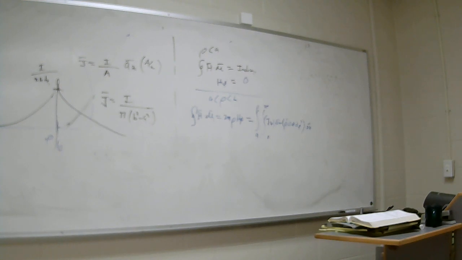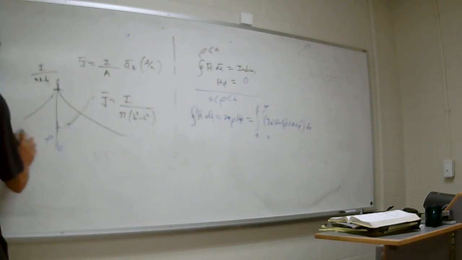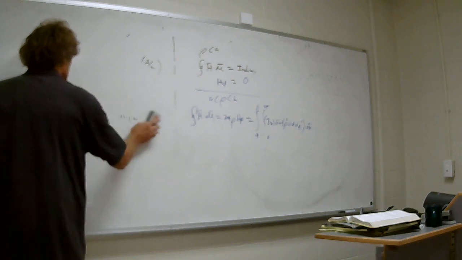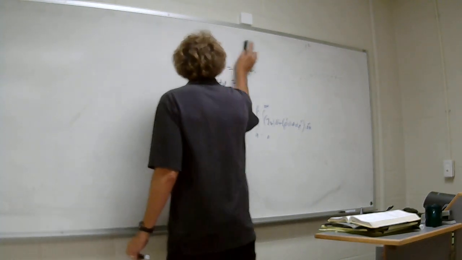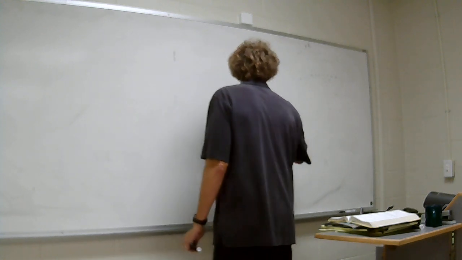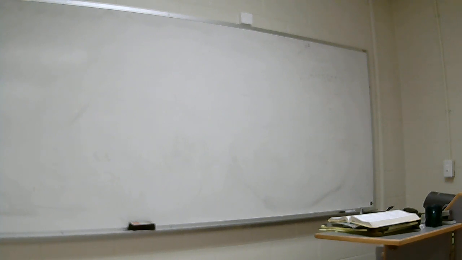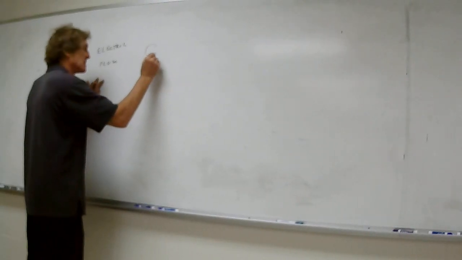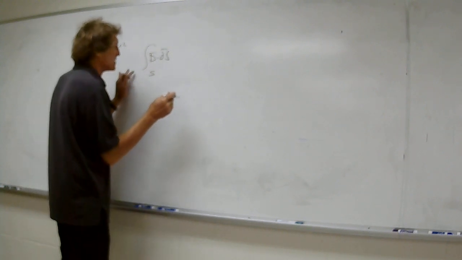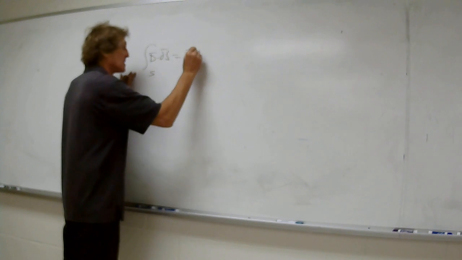Now we always talk about electric flux and magnetic flux. So, you remember when we talked about electric flux, what we said is the integral of D dot ds over a surface was actually the flux penetrating that surface.